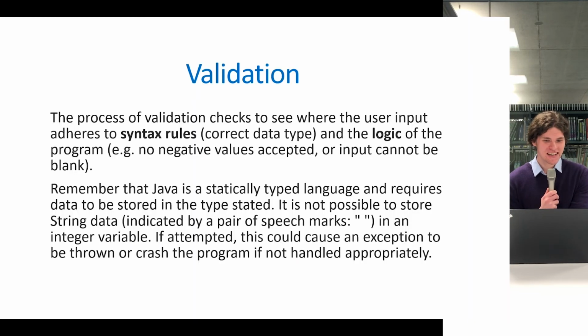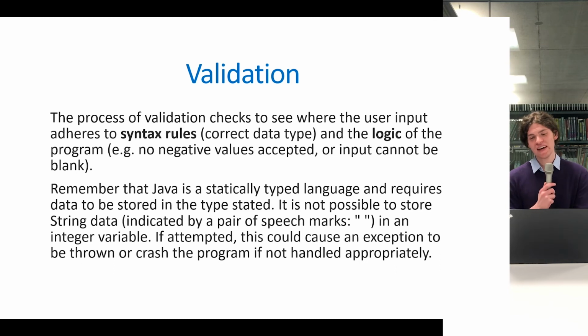Validation is going to become increasingly important as we are asking for user information. Now, humans are great, but they do sometimes make mistakes, so we need to guard against those mistakes. If they type something in the wrong data type, we want to capture that and prevent the program from crashing.